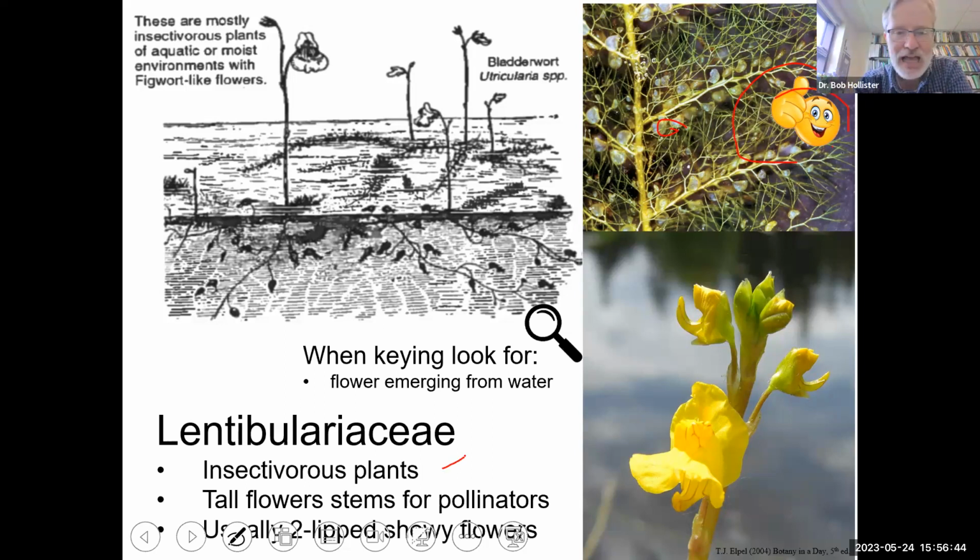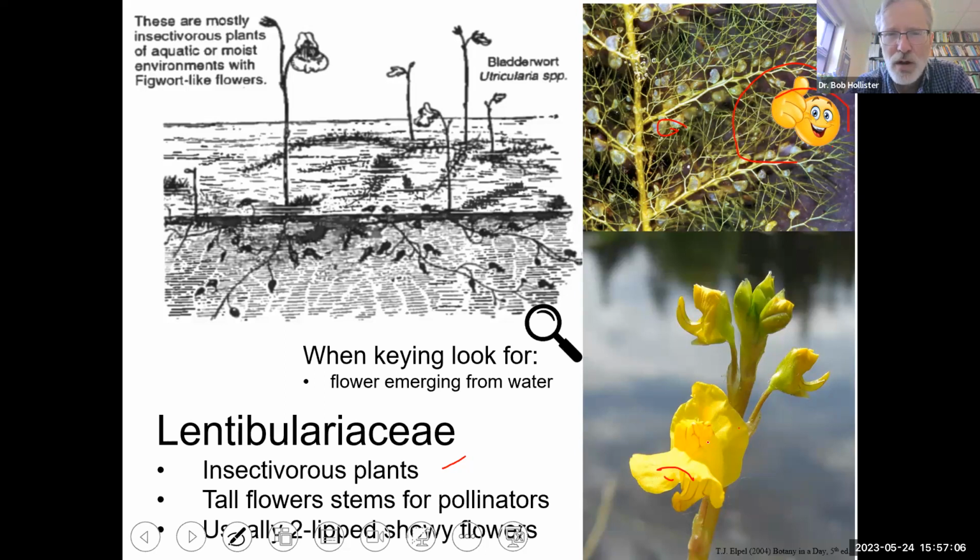They eat insects, or I should say just carnivorous, because they'll actually eat zooplankton, which tend to be more crustaceans. And then they'll also have this little flower that sticks up out of the water that's also two-lipped, and kind of cute.